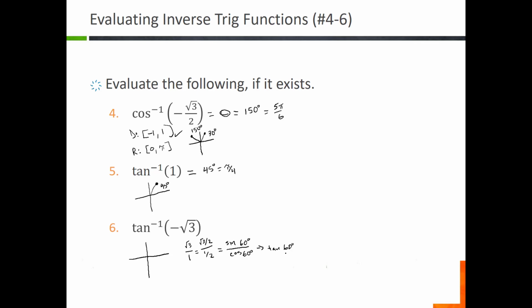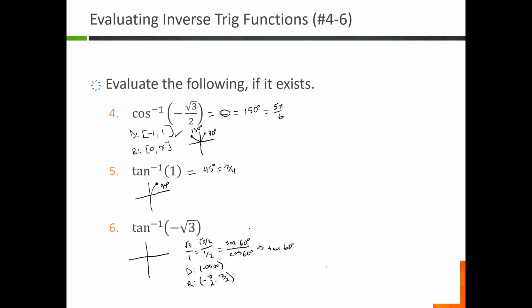Now, what is the range for tangent? We know the domain for tangent was from negative infinity to infinity, so I can always compute this, but what was its range? If you need to, go back a few minutes and you can find that the range for inverse tangent was negative pi over 2 to positive pi over 2.